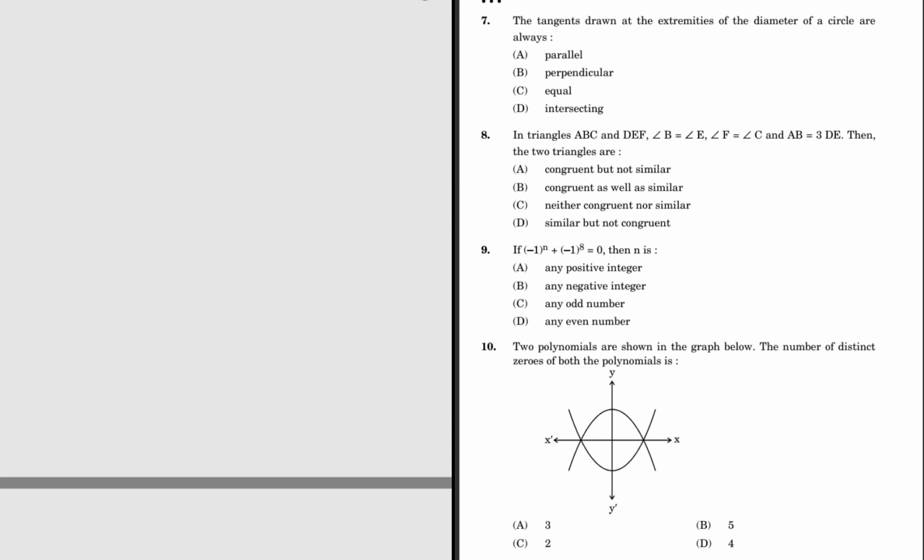Okay, now we'll go to the eighth question. In triangles ABC and DEF, angle B is equal to angle E, angle F is equal to angle C, and AB is equal to 3DE. Then the two triangles are. So first we will draw triangle ABC.